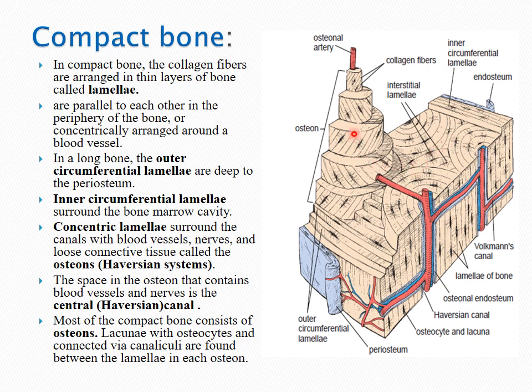Now you can see here this is one osteon and this is another osteon, and in between the two osteons are the interstitial lamellae. These interstitial lamellae are the remnants of the previous osteons. Now you can see here the transverse section and this is the longitudinal section.